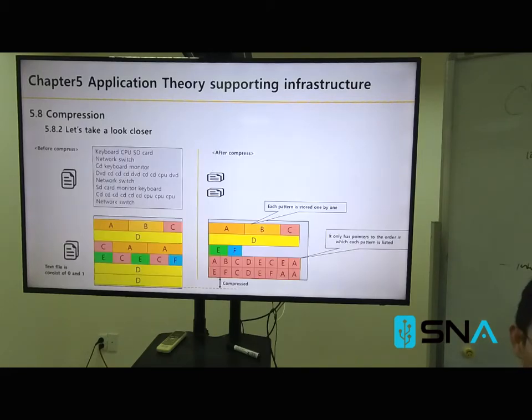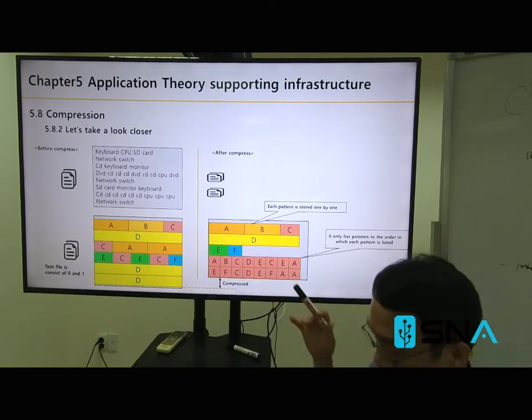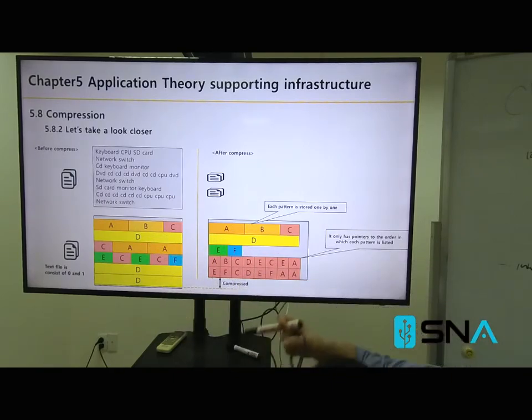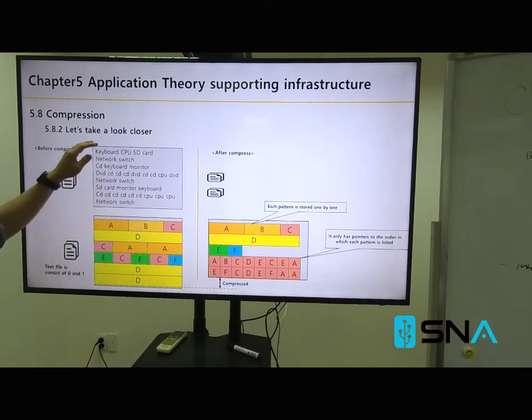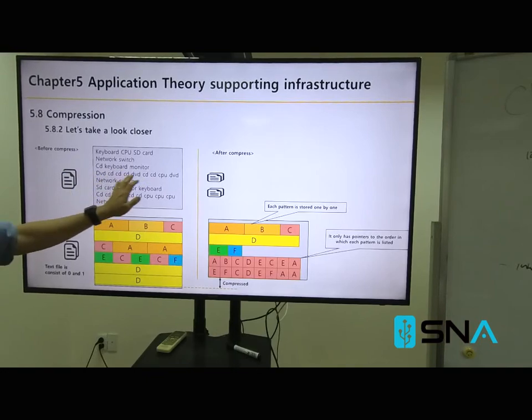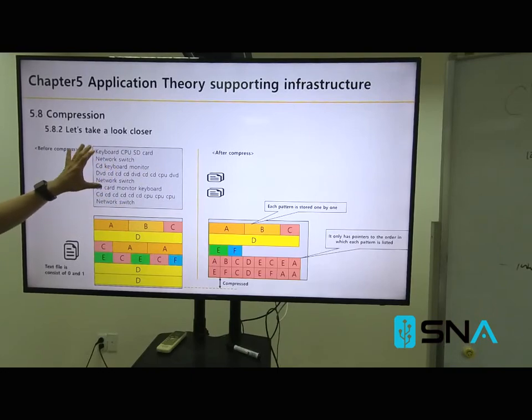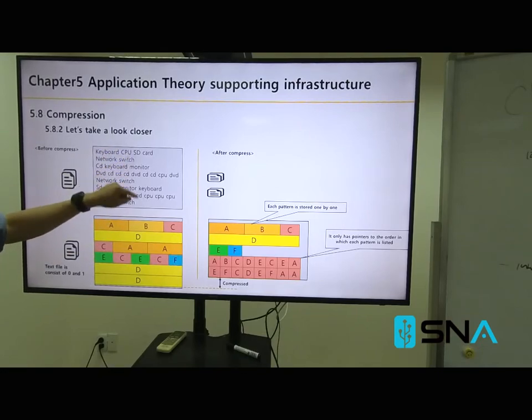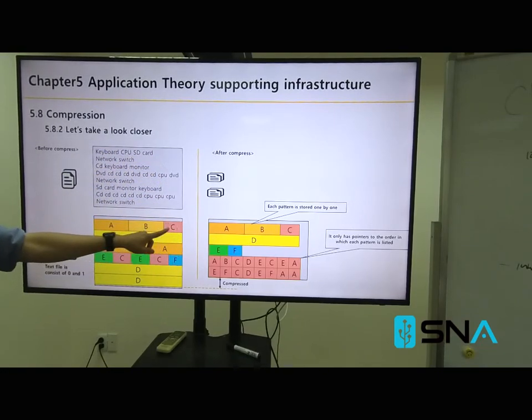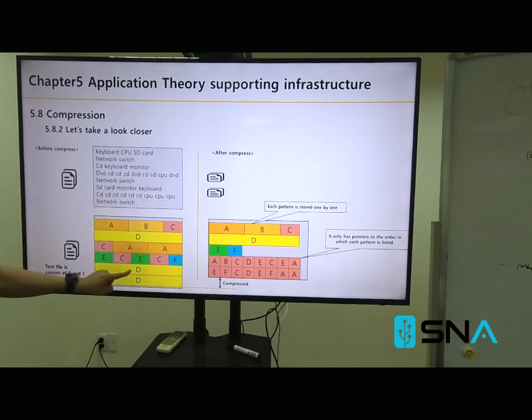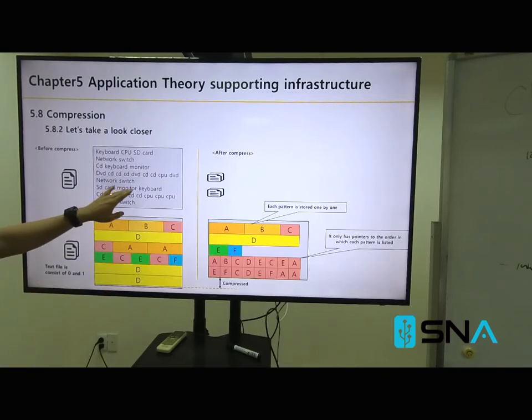For example: keyboard, CPU, SD card, network switch, keyboard, monitor, DVD, CPU. This is the picture before compression. We can store it like this: keyboard we can call A, CPU we call B, SD card we call C, network switch is D, and so on, for example.